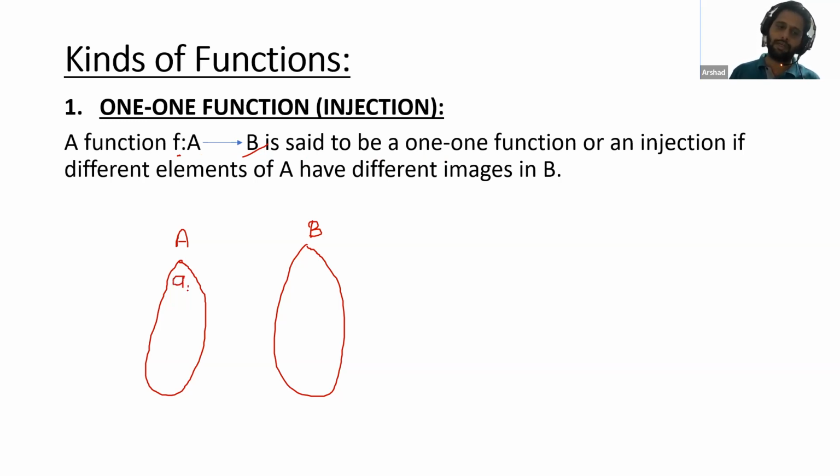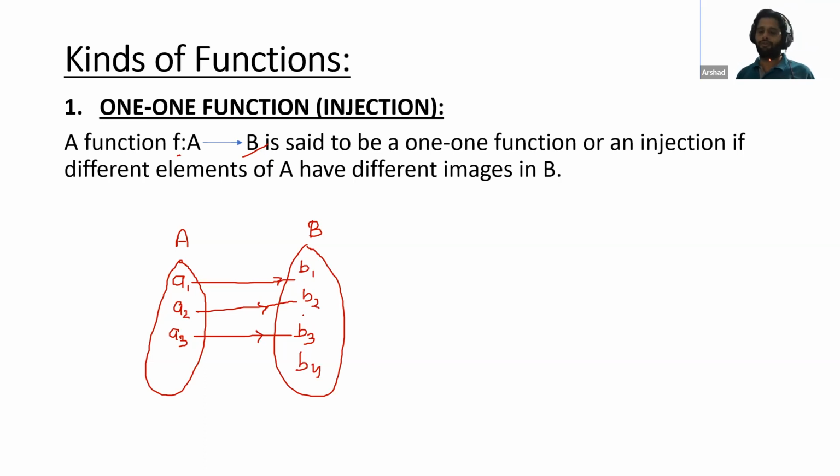If you have the elements A1, A2, A3, and here you have the elements B1, B2, B3, and suppose a B4, then different elements have different images. A1 is linked with B1, A2 is linked with B2, A3 is associated with B3. So here you have different elements A1, A2, A3, and they are associated with different elements B1, B2, and B3. So this is a one-one function.